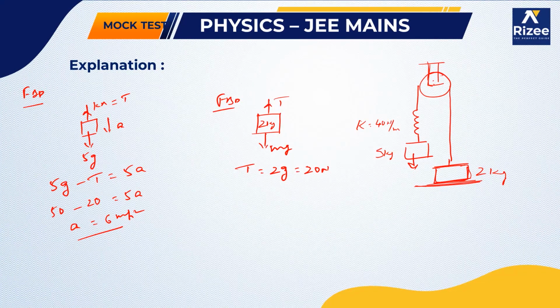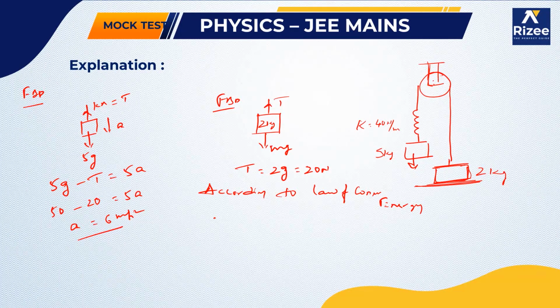So coming to the law of conservation of energy, the 5 kg block is coming down by a distance of x.